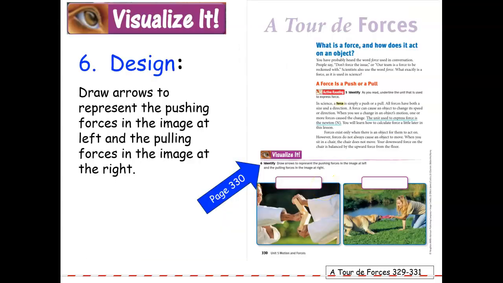And that brings us to number 6. Number 6 says draw arrows to represent the pushing forces in the image at the left and the pulling forces in the image at the right. So the left is the karate guy breaking the wood in half. And so we know that there's a large amount of energy coming from his hand.